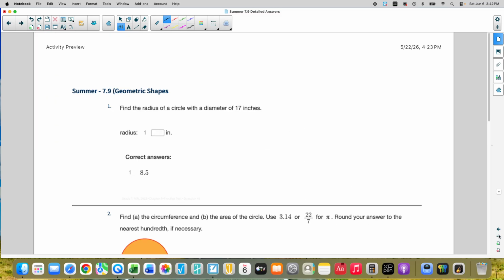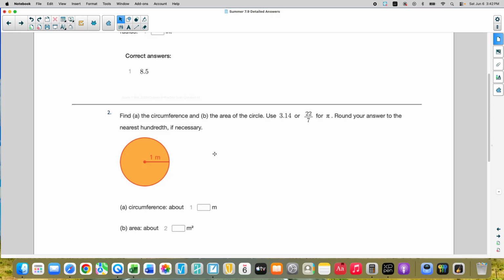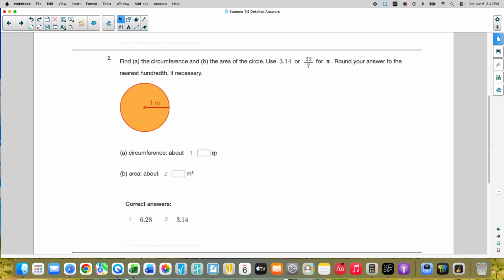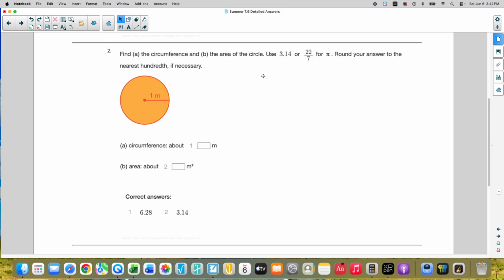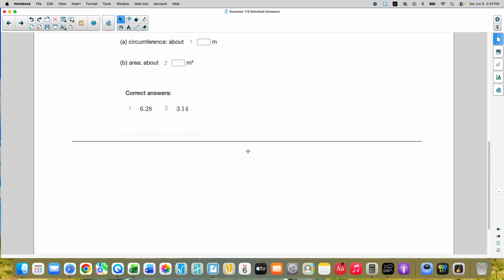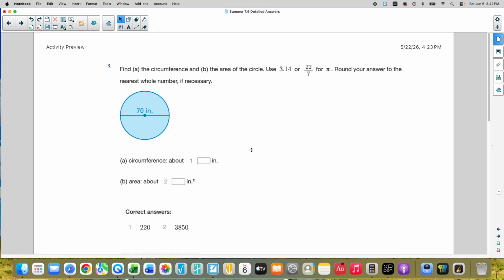All right, that was good. Let's check our answers. 8.5. Yep, that's half. We remember that. We find the circumference 6.28 and 3.14. Yep, I remember that because the unit was 1, so that makes it a little bit easier. 220 and 3850.